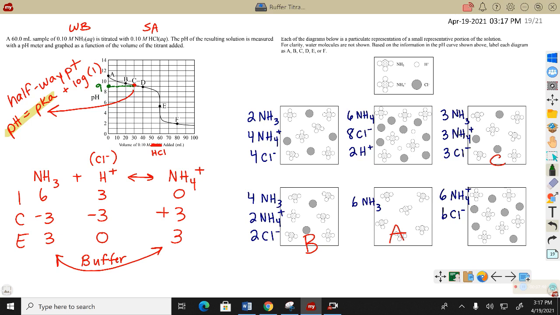So then we could say that the pKa equals 9, or in other words, the Ka of the acidic particle in the buffer, which is the NH4 plus 1 ion, must be about 10 to the negative 9.